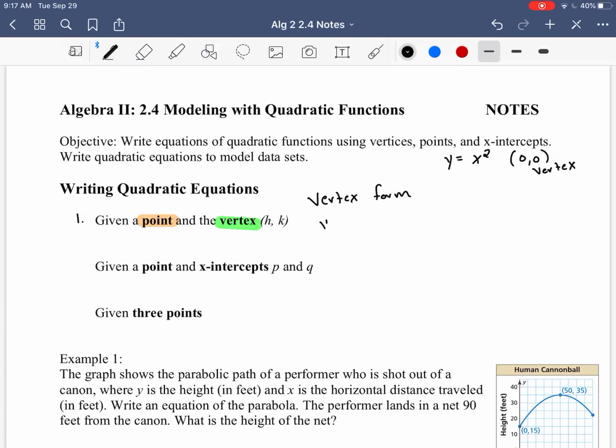We know from our transformation section that if I shift it left or right, it's going to be inside the function. So we're going to write it (x minus h) squared. This minus h is going to shift it left and right. The negative just denotes that left and right shifting works backwards.